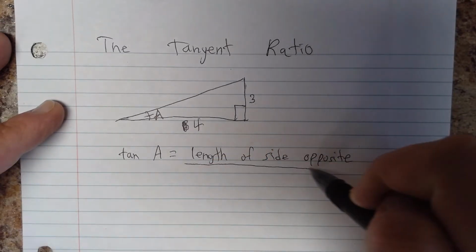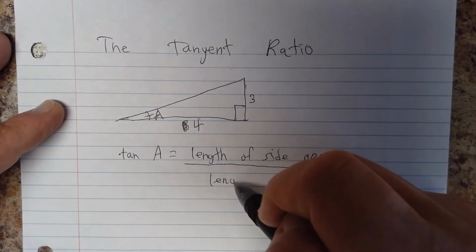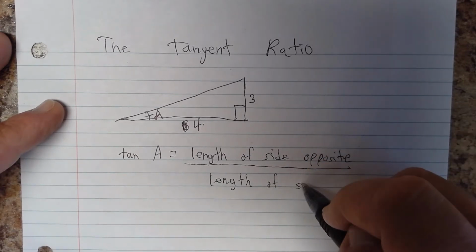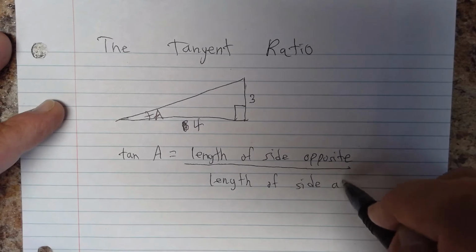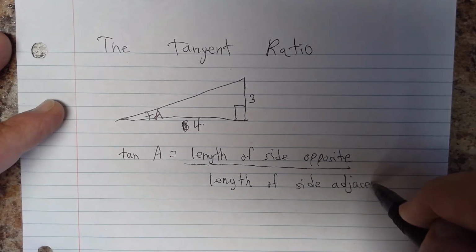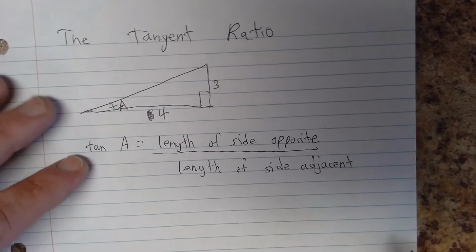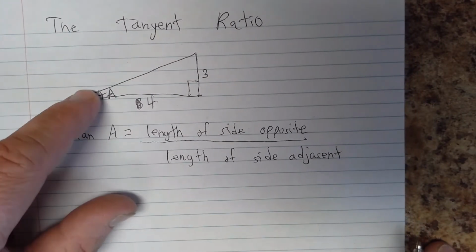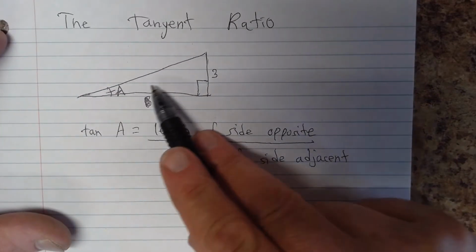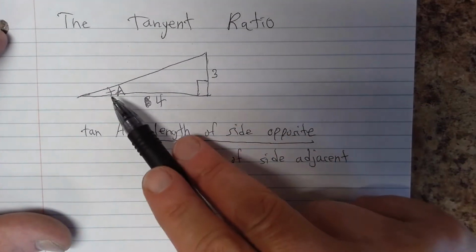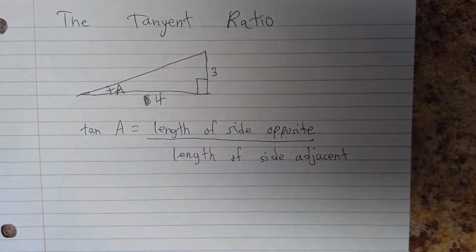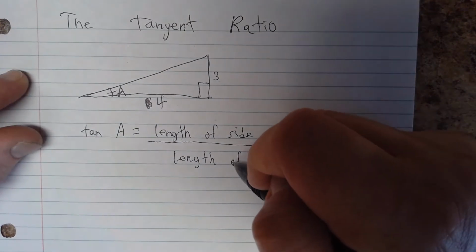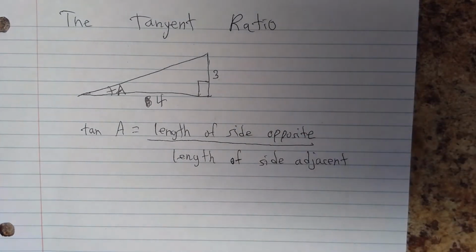Length of the side opposite divided by length of side adjacent. What does adjacent mean? It means right beside. Now what is right beside this angle? This one here. Our two known sides: one is all the way across on the other side, and one is right beside our known side. Okay, length of side opposite divided by length of side adjacent.